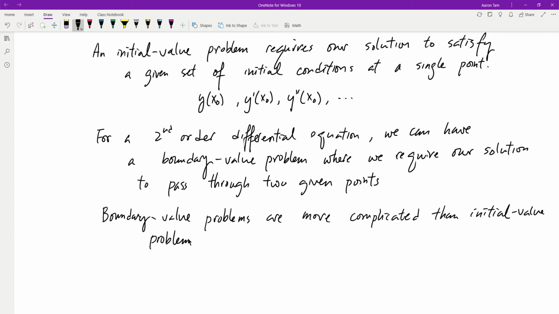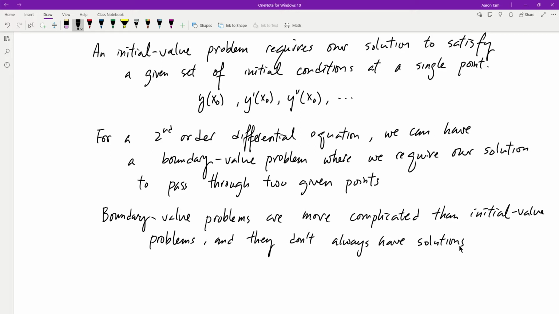While initial value problems always have a solution, because they work out to be solving a system of equations, and because it's a linear system, they usually would have a solution. And sometimes boundary value problems don't always have a solution. While initial value problems almost always have a solution, boundary value problems are more likely to fail because you're forcing the solution, which is kind of like a curve, to go over to a specific point, and sometimes it just might not work out.